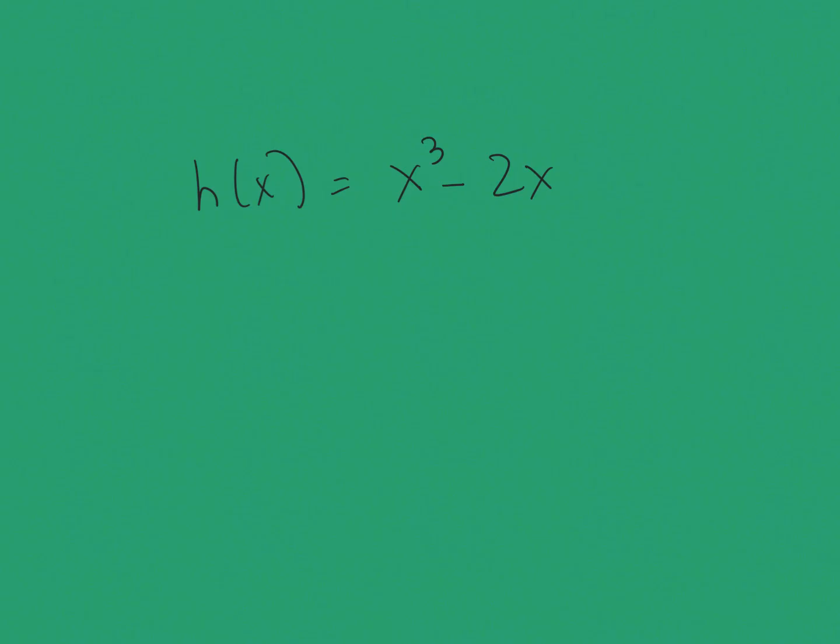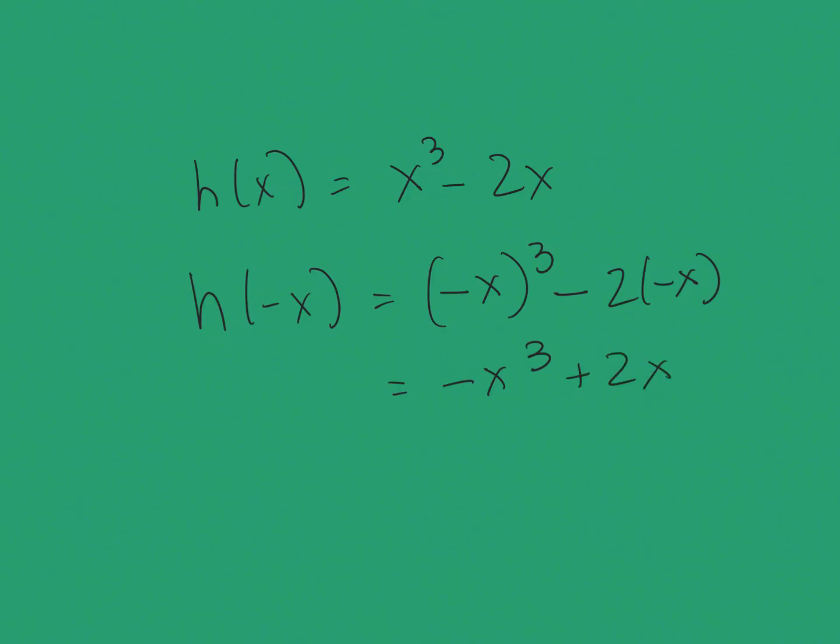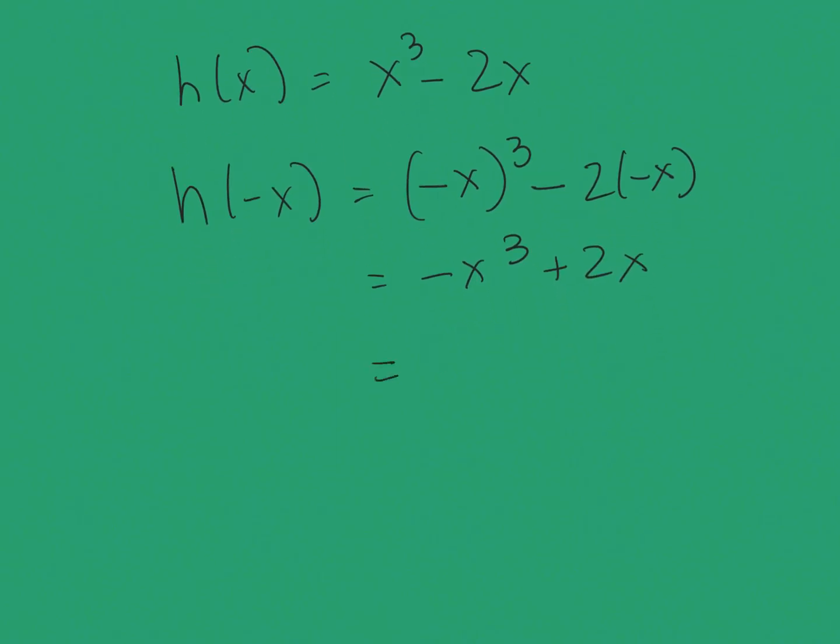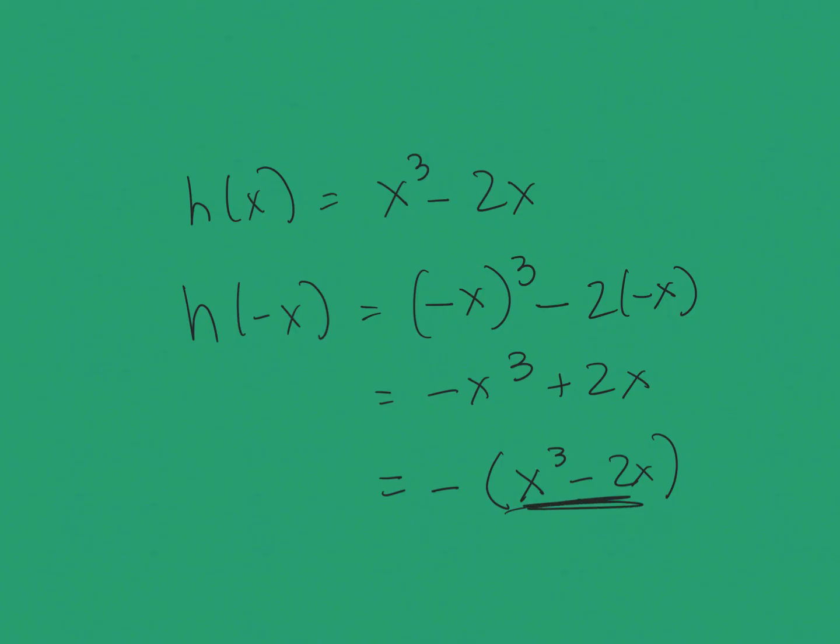So if I put in a negative x, I get negative x cubed minus 2 times negative x, which is negative x cubed plus 2x. If I pull a negative out of here, this is negative x cubed minus 2x. See how it matches exactly, except this has a negative in front? That's an odd function.